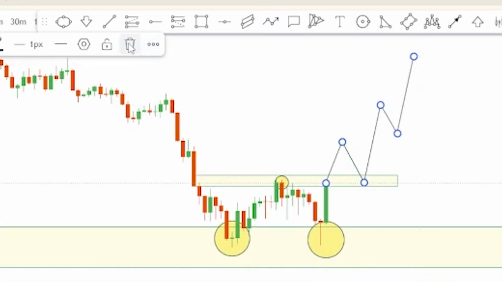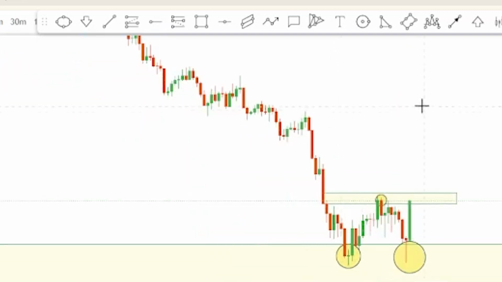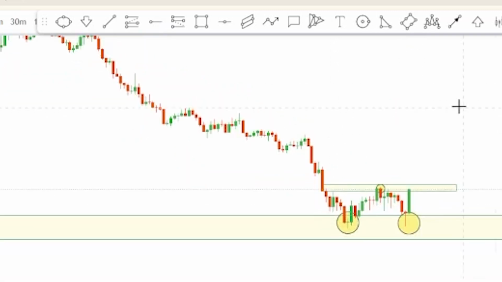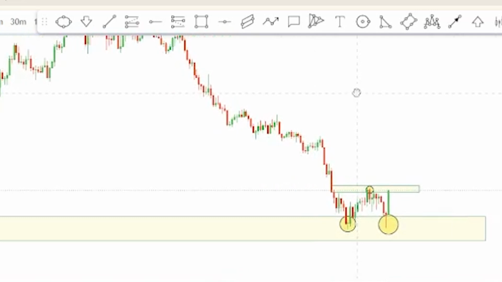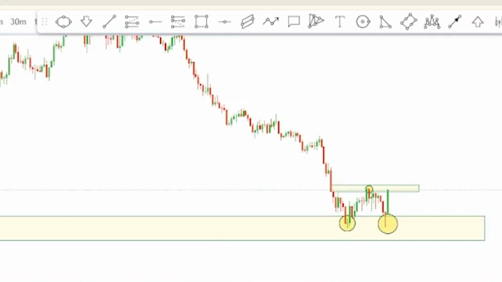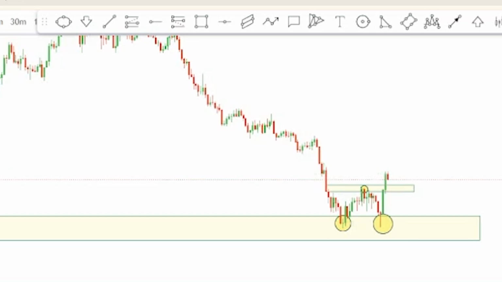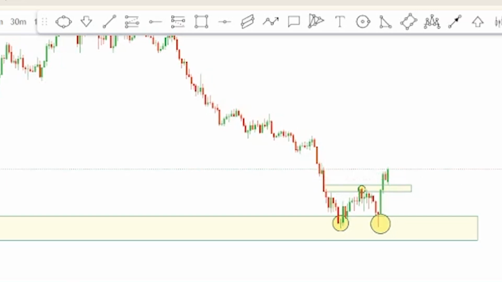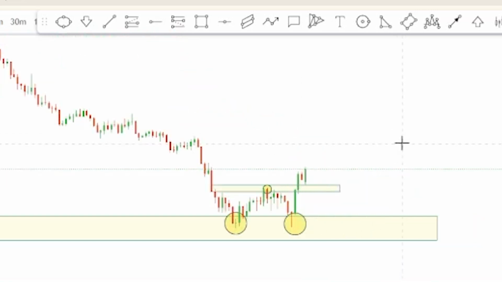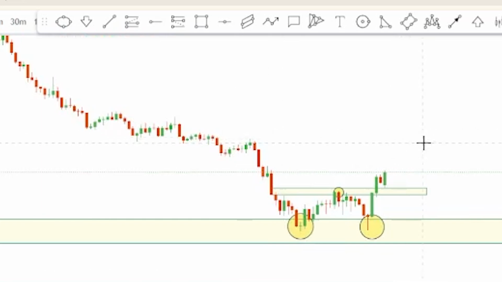Okay, let's see if we can get that confirmation so that we can enter from there and continue to the upside. We broke above that area. Okay, we are rejecting somehow. Now we have a confirmation.